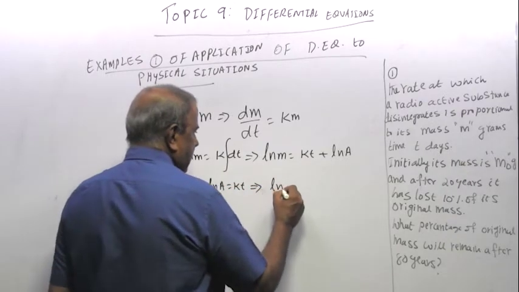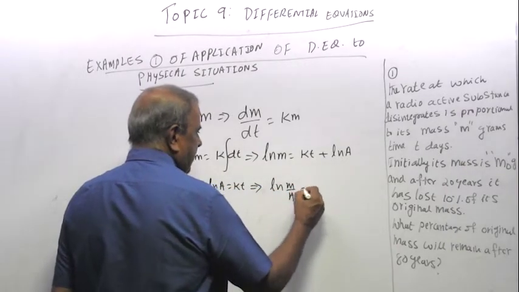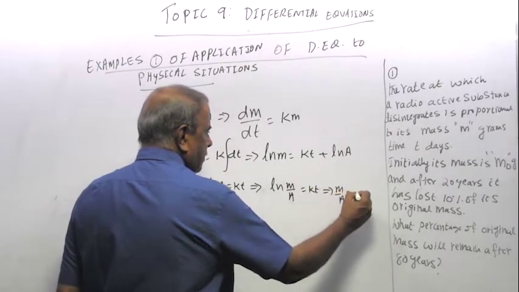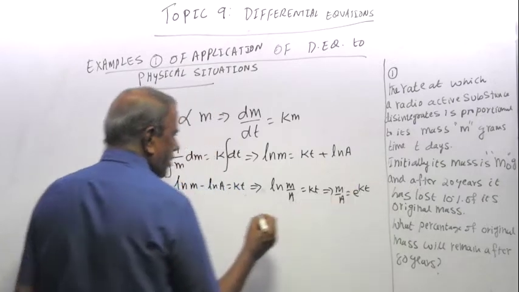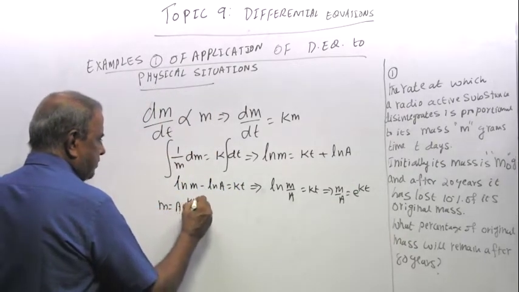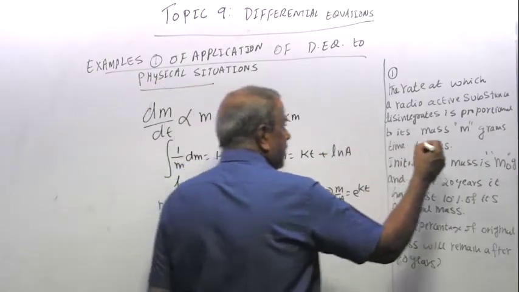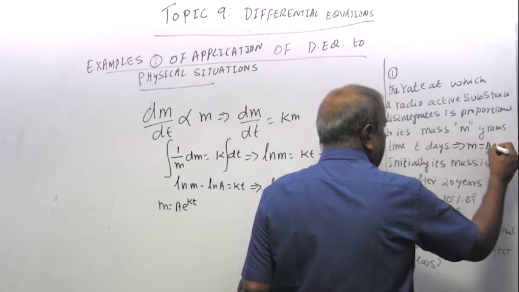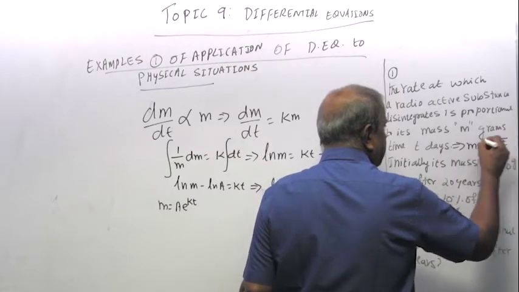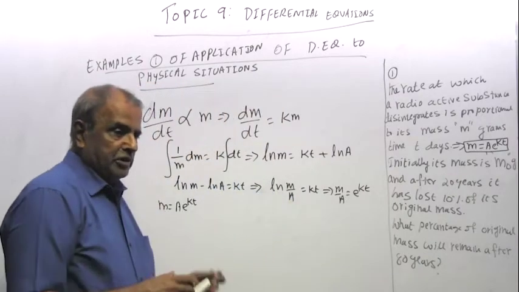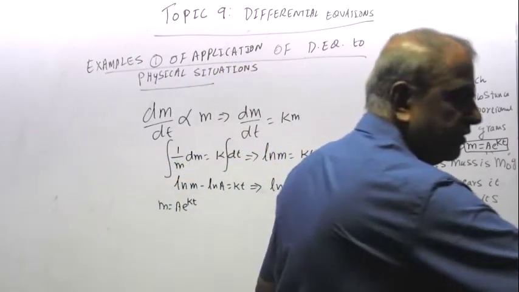That gives you ln of m over a equals kt, so m over a equals e power kt, or m equals a e power kt. That's the solution. In fact, that's a standard solution. You get about 3 marks to do that at best.